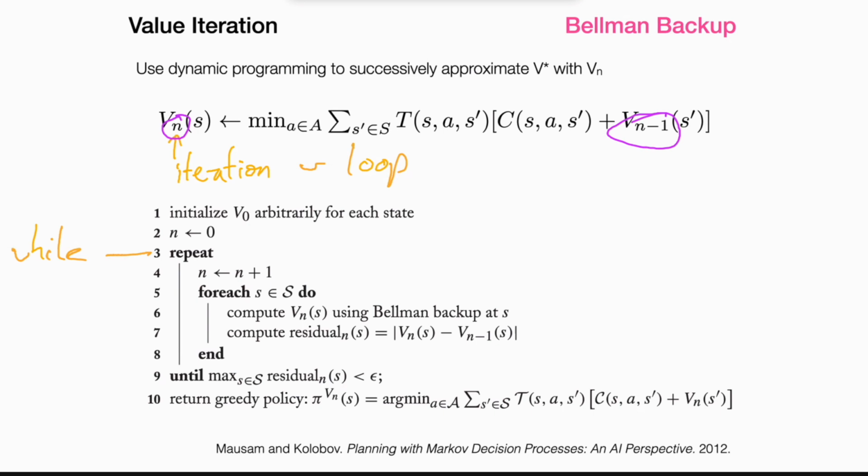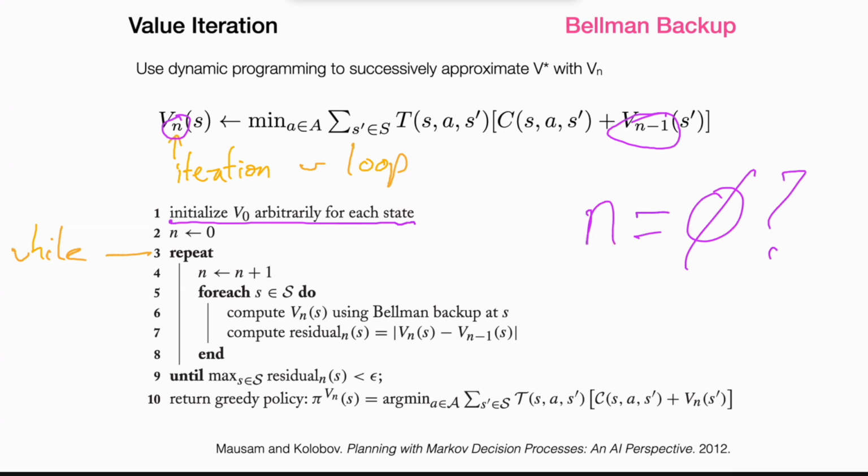And so we're going to have this sequence where we calculate all the values and then move on to the next iteration and reuse those values from the previous loop. And the question is, what do we do when n equals 0? When n equals 0, we're going to just do some arbitrary initialization.